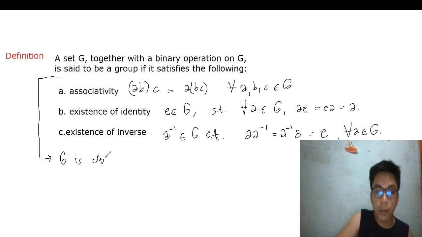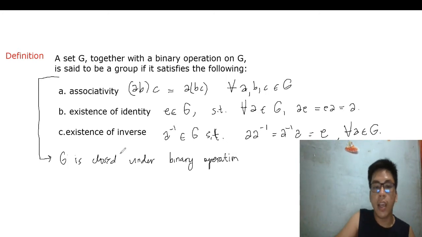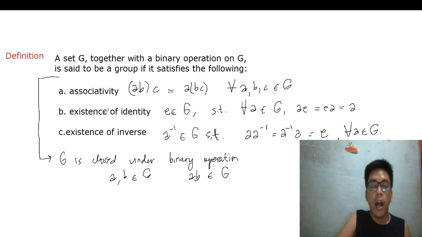G is closed, which means that if A and B are in G, then the binary operation of A and B shall also be in G. That's it.